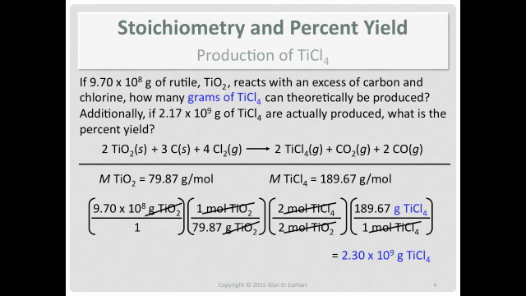We're ignoring 2 of the products, carbon dioxide and carbon monoxide, because we're ignoring it. So if you're going to check this and you have time, the best way to do it is to go in reverse. Start with the mass of TiCl4 and then go backwards and calculate the mass of TiO2 that you need. Okay, so that's the theoretical yield right there. That's the stoichiometry calculation.